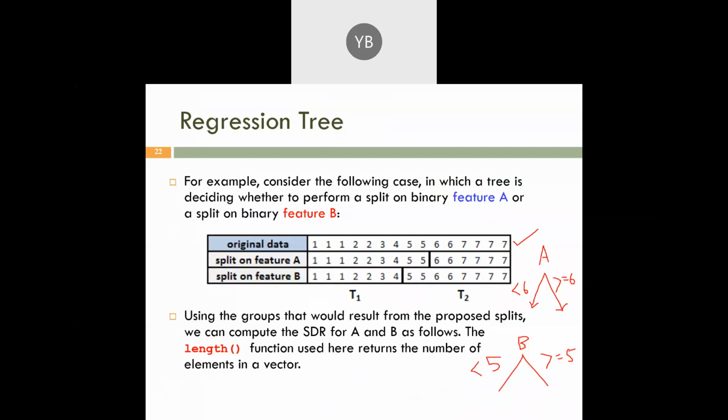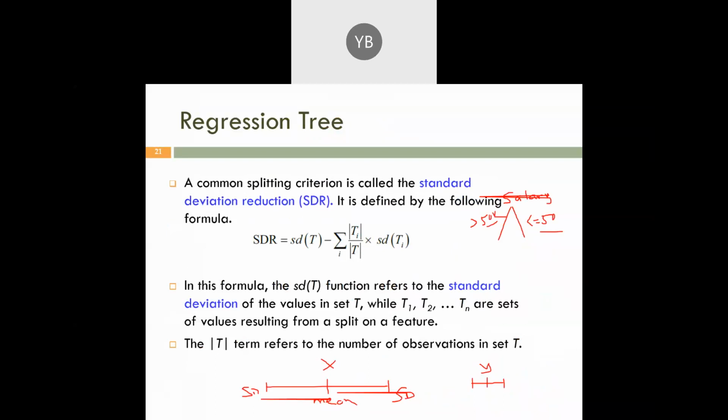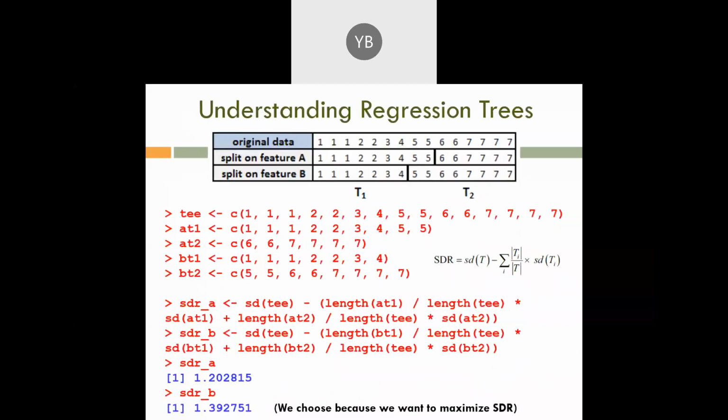We could use this formula. It looks at the standard deviation of that particular partition, multiplied by the weightage for that partition, and we do it for all the partitions that we have. Since in this example we only have two partitions, this is how we can compute them.